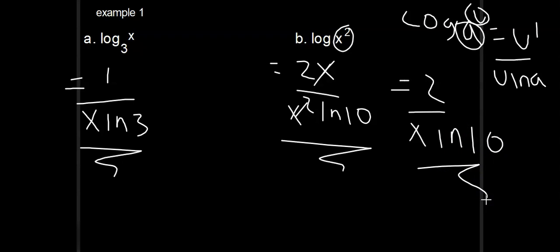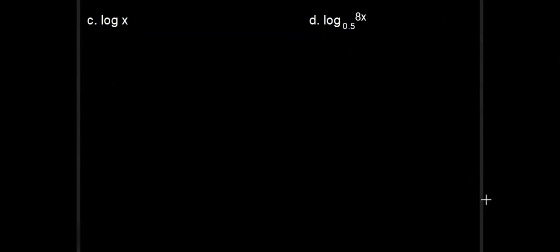Now let's do a little bit more critical questions, a little bit different, and then we're going to finish. When you come to the third question, the third one says log x. As I told you, you have to use 10 as a when they don't give you any a value. So I'm going to use that.